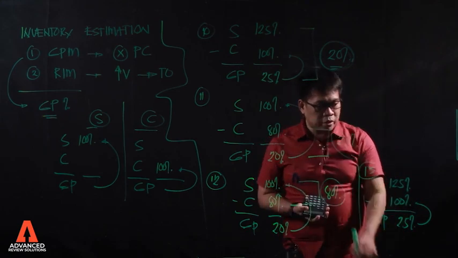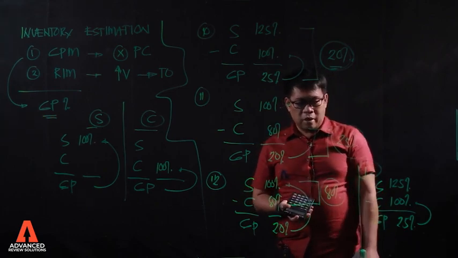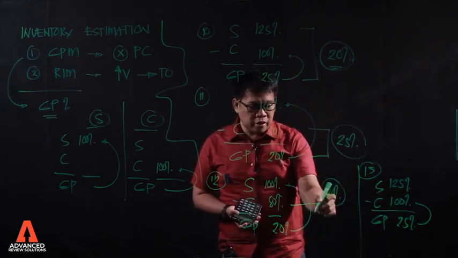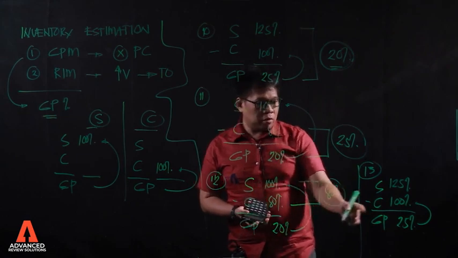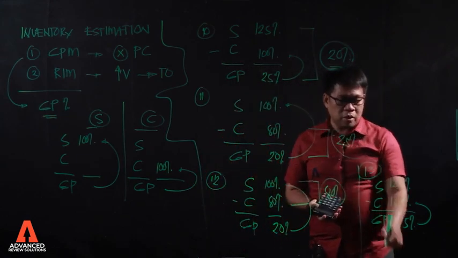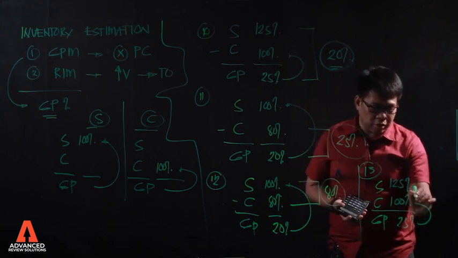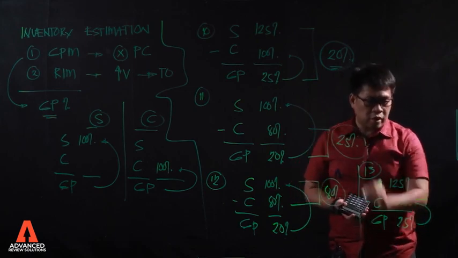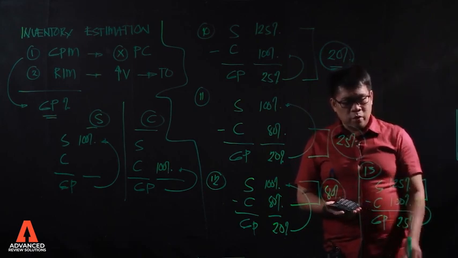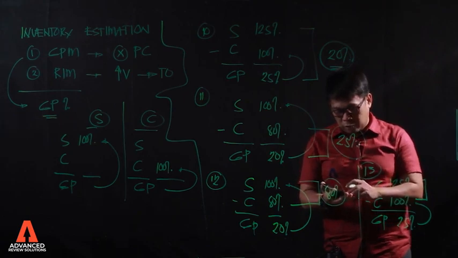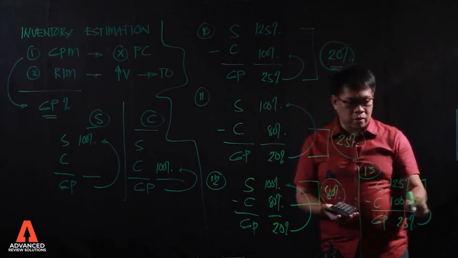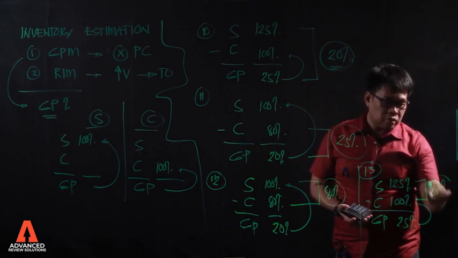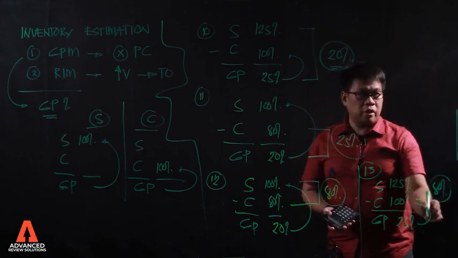Huwag mong isasagot yung 100%. Unlike dito, yan yung 80%, yan din ang sagot sa cost ratio. Pero dito, wag mong isasagot yung 100% because the formula for cost ratio is what? Cost of sales over sales. So 100 over 125. 100 over 125, this should be what? 80%. Okay? So the answer in number 13 is 80%.